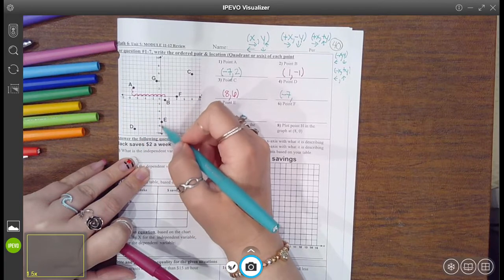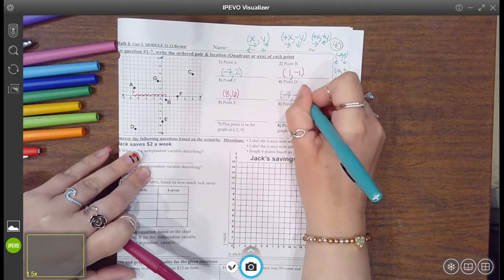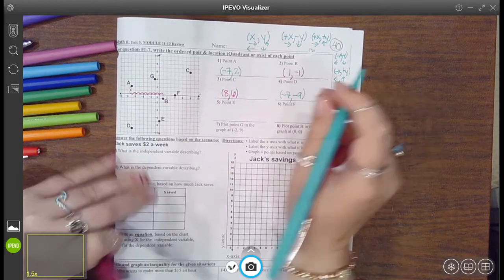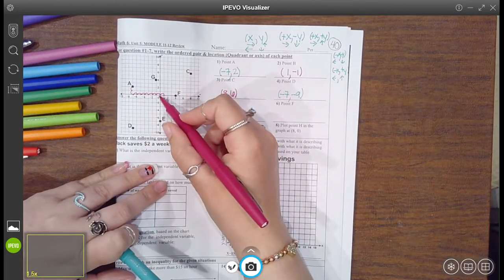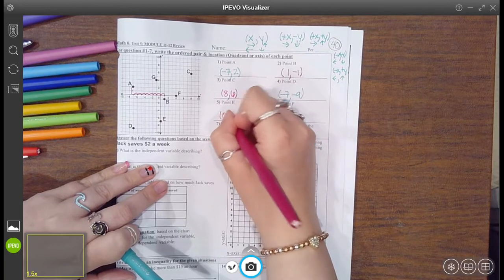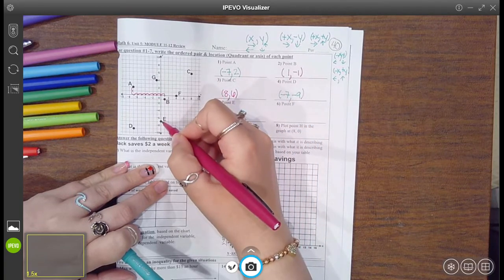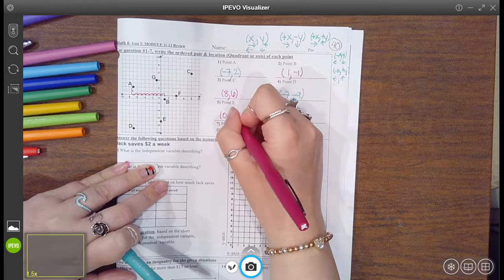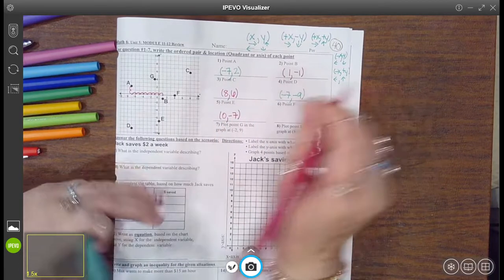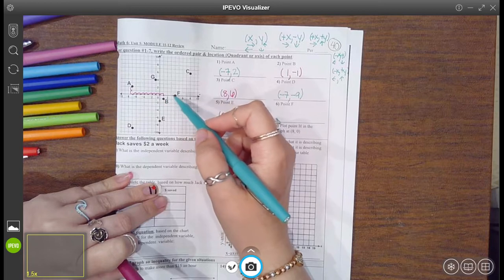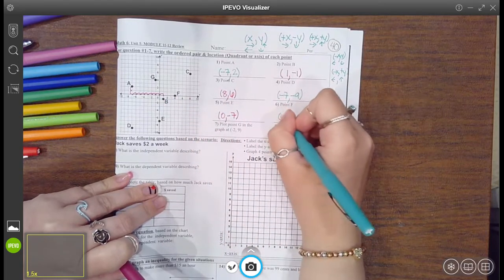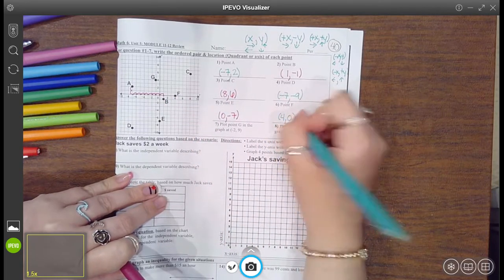It went in between 8 and 10, which is negative 9. Okay, point E is over nothing, but down in between 6 and 8 is 7. And then this one, F, went to the right 4 and up nothing.